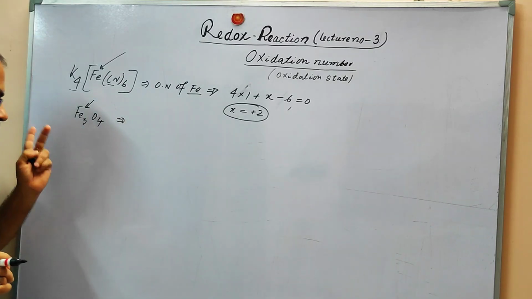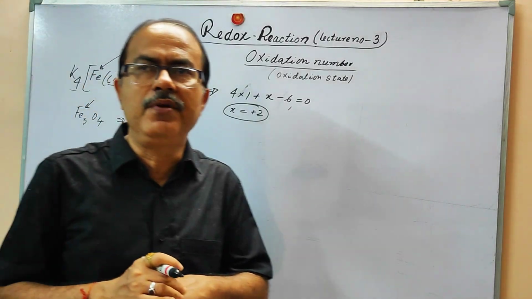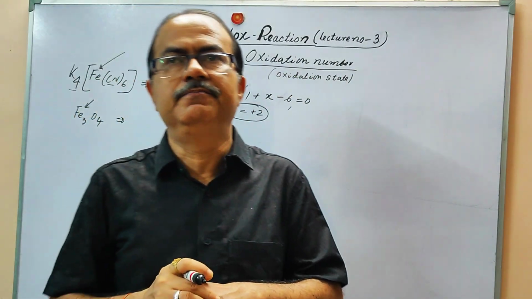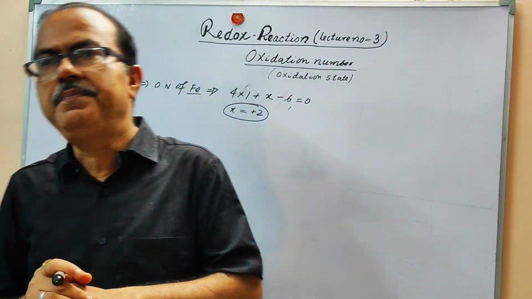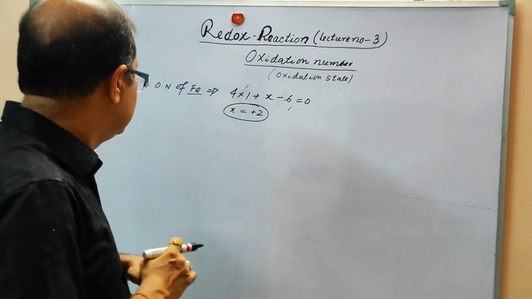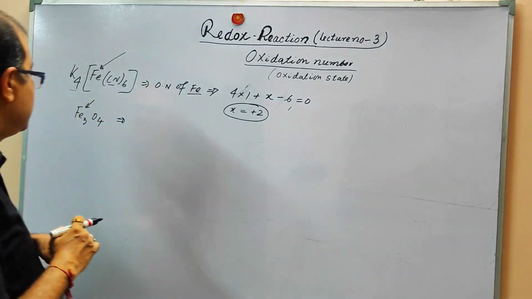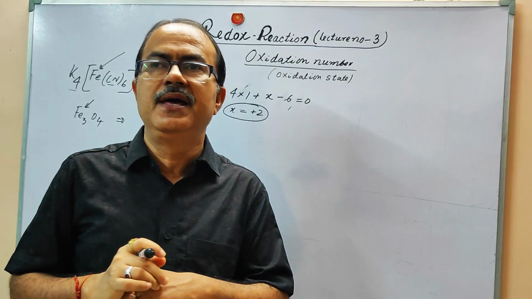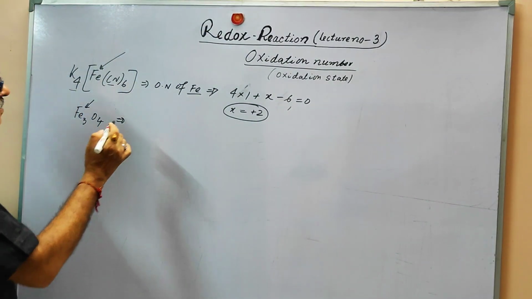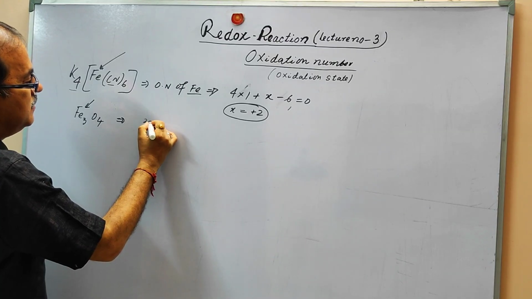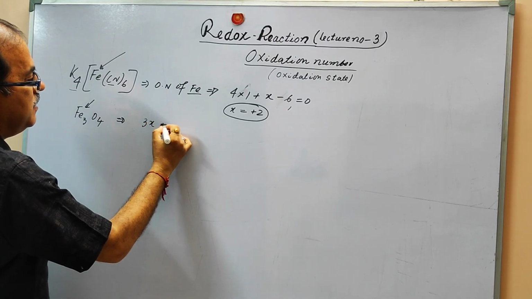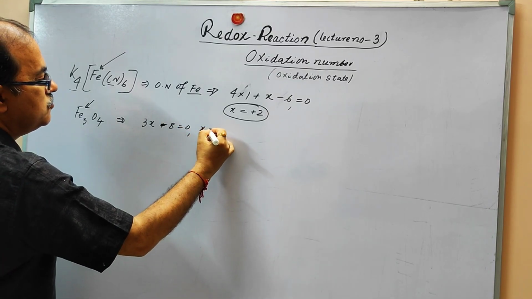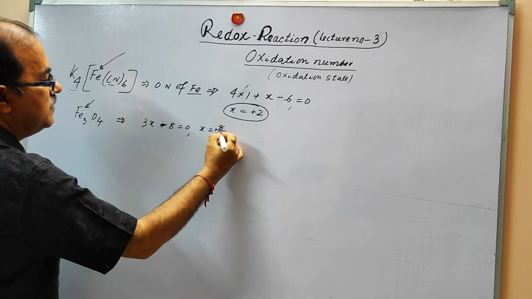In problems that come in the IIT JEE, some examples will ask you to calculate the average oxidation number. That you can easily calculate: 3x minus 8 equals 0, so x equals positive 8 by 3.